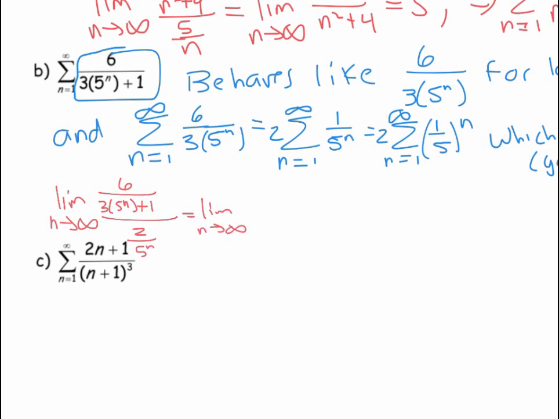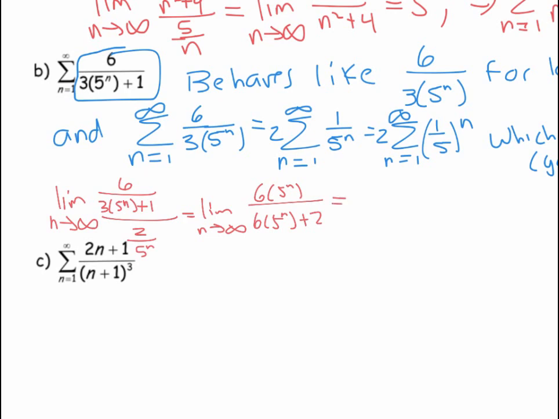Multiplying by the reciprocal gives us 6 times 5 to the n divided by 6 times 5 to the n plus 2, if you distribute that 2 to the 1.